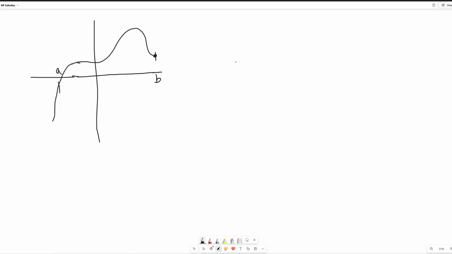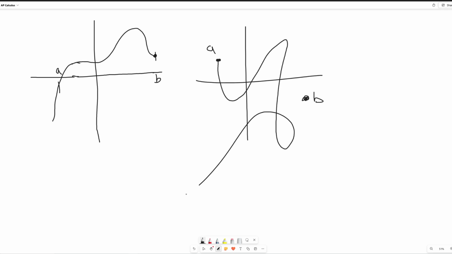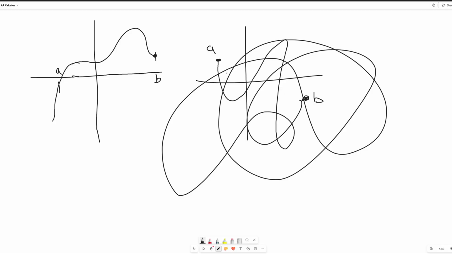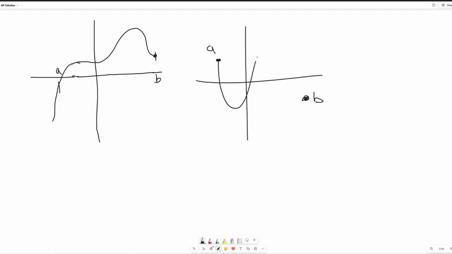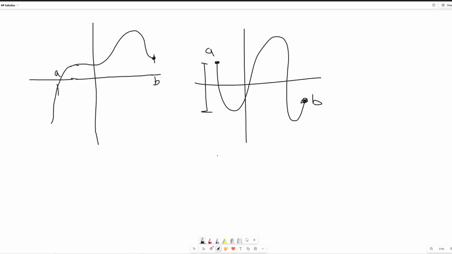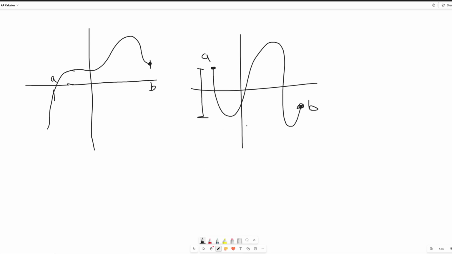So all that's saying is that if you start at point A and end at point B, and you have a continuous function, it doesn't matter what route you take to get there. As long as it's continuous, it has to hit all values between a and b. It can go to other values, but it must hit all values between f of a and f of b.